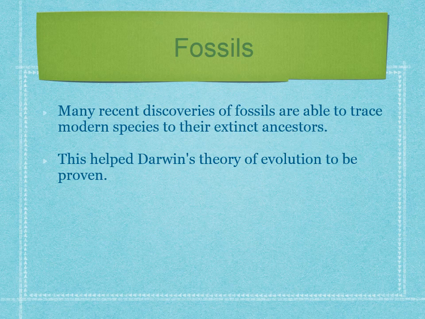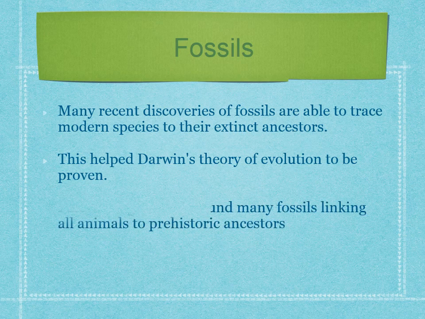We find a lot of subspecies of humans that may have been closely related to us, but have died out through competition of some kind. Some of these fossils really helped Darwin's whole theory of evolution to be proven.